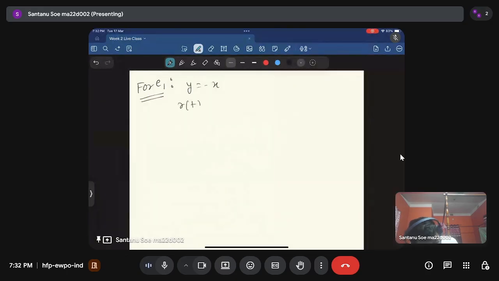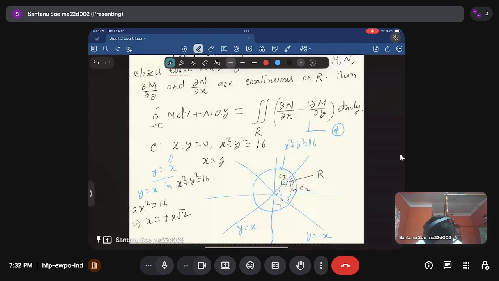So the parametric equation will be t i minus t j, where t varies from 0 to 2 root 2, because when x is 2 root 2, y is minus 2 root 2, because y was minus x.